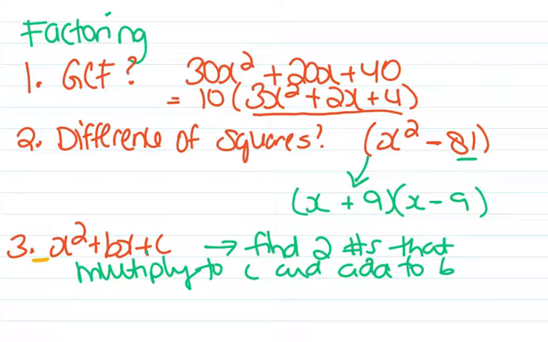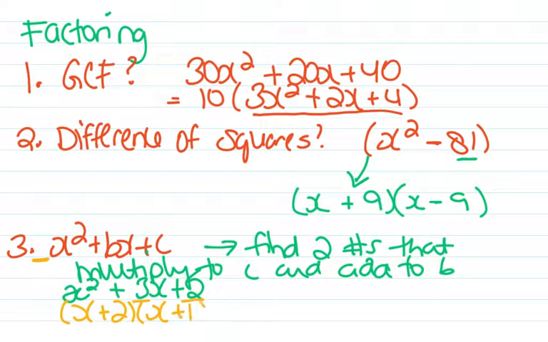So for example, if I have x squared plus 3x plus 2, I would need 2 numbers that multiply to 2 and add to 3. So those would be 2 and 1. So my brackets will be x plus 2, x plus 1, and that's how I factor.